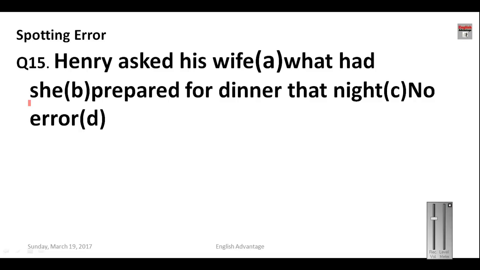Now this is the spotting error part. Henry asked his wife what had she prepared for dinner that night. Now if you look at this question closely, you will find that this is not a question. Since this is not a question, you will not use the question pattern. What had she? This is the question pattern. So you have to change the question pattern into affirmative pattern.